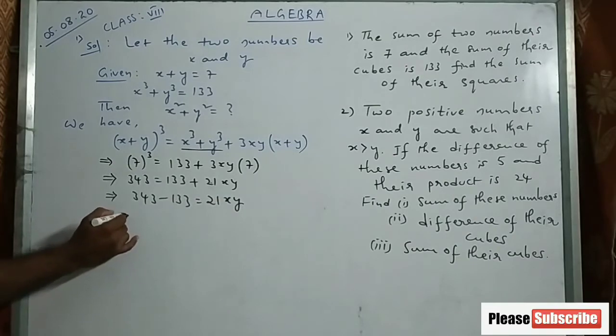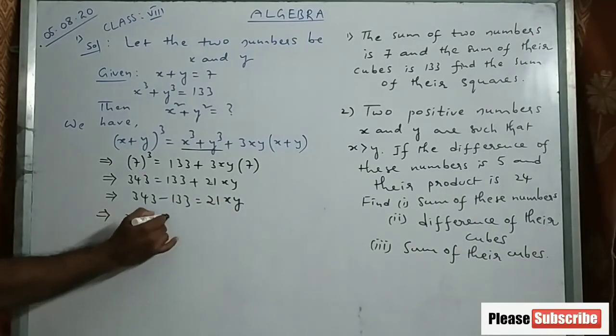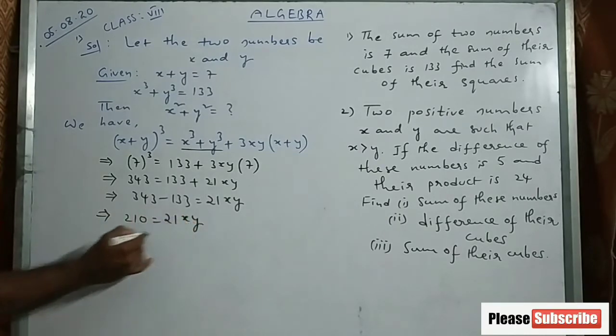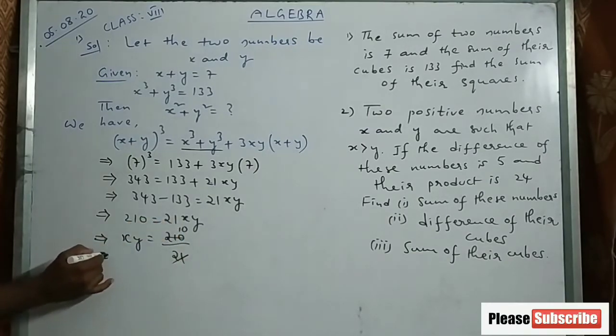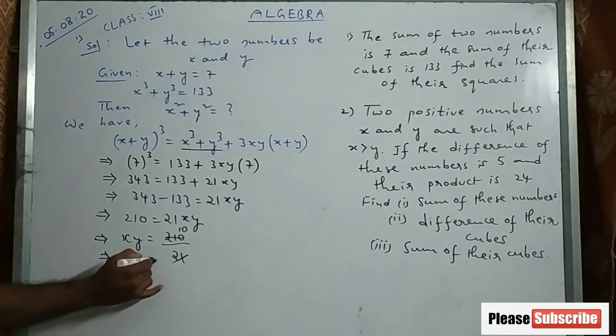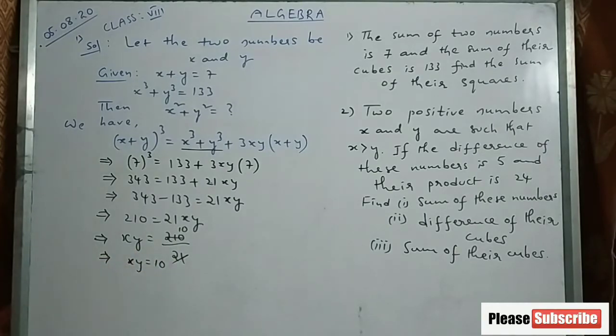So how much will you get now? 210 equals 21 xy. So xy equals 210 upon 21, which is 10. So we got xy now.